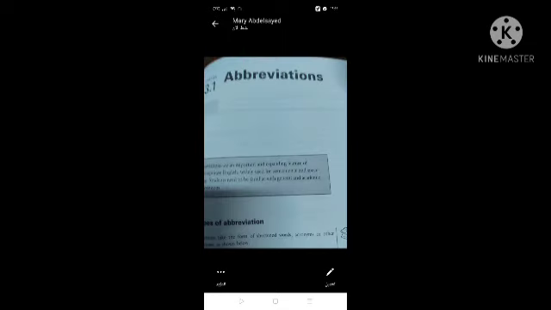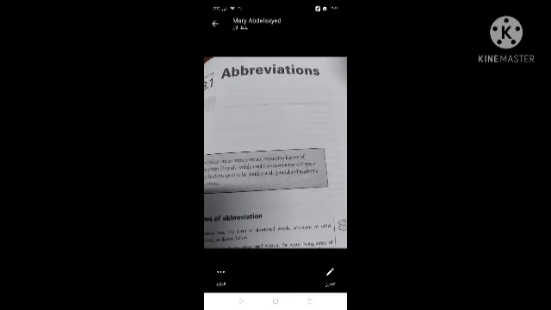Then we will shift to the second type of abbreviation, which is acronyms, made up of the initial letters, okay, of a name or phrase. We have an example here, which is AIDS, acquired immune deficiency syndrome.